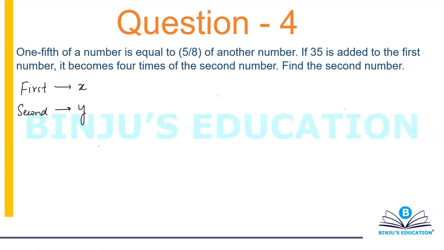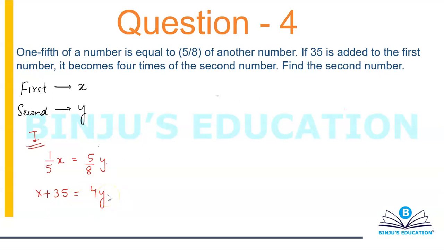So in this case number 1, 1/5 of x is equal to 5/8 of y. If 35 is added to the first number, I'm adding 35 to x, and it becomes 4 times the second number, so this will be equal to 4y.